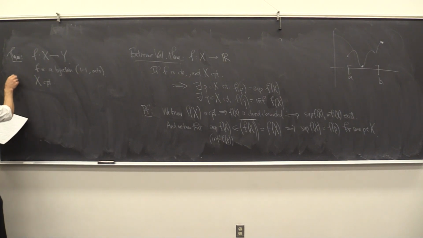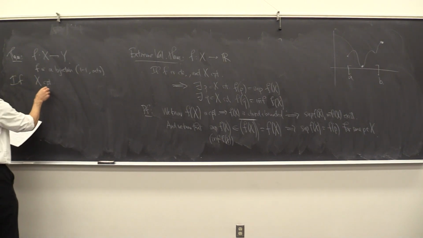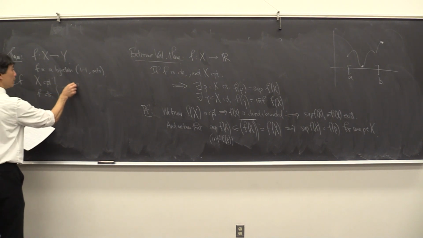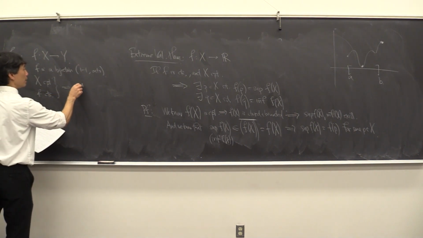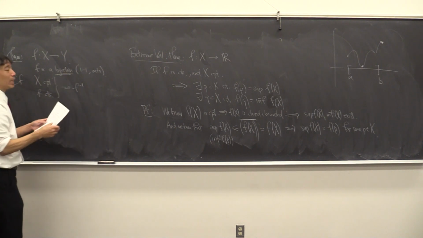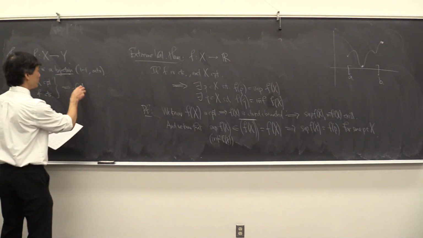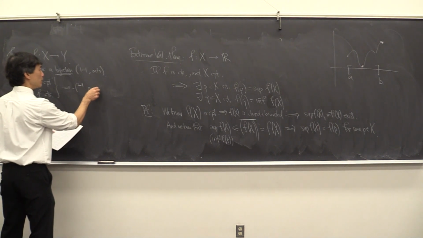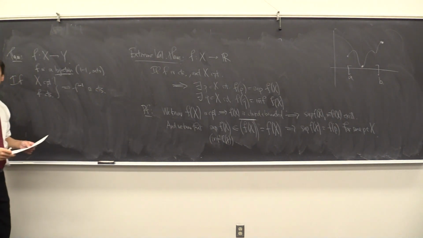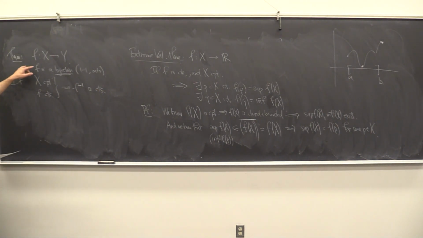Let me write this. If X is compact and f is continuous, then the inverse function, since it's a bijection, so now we have a bona fide inverse function, is also continuous. So you have a bijective map on a compact set. If it's continuous, its inverse is going to be continuous.